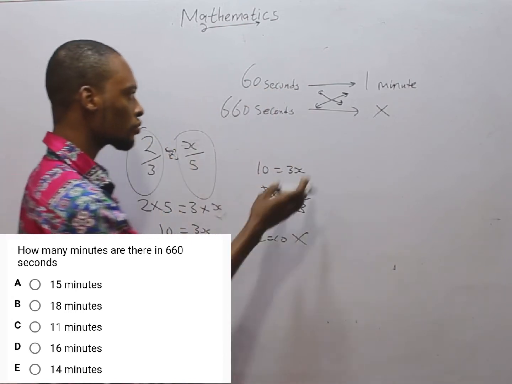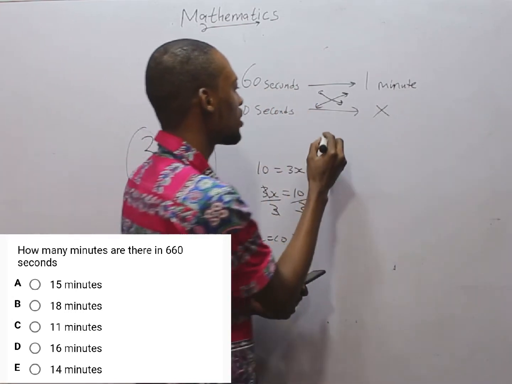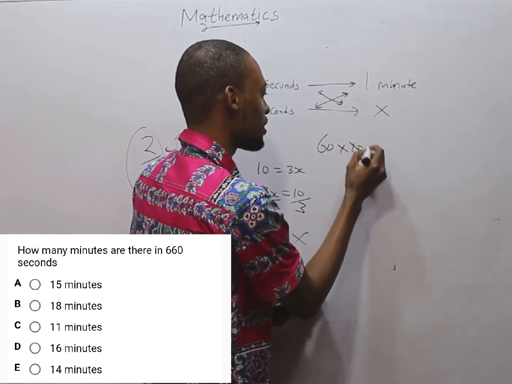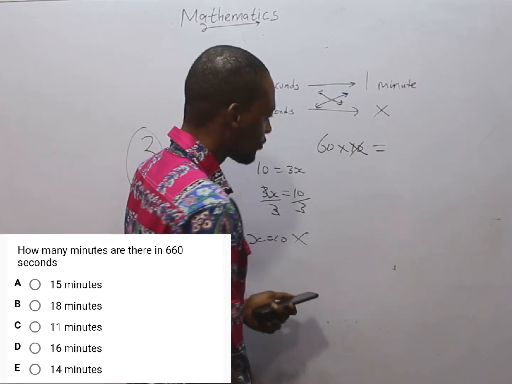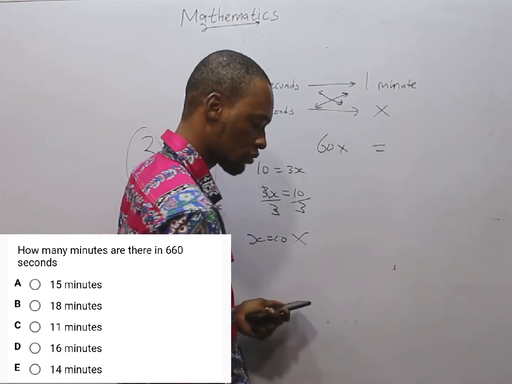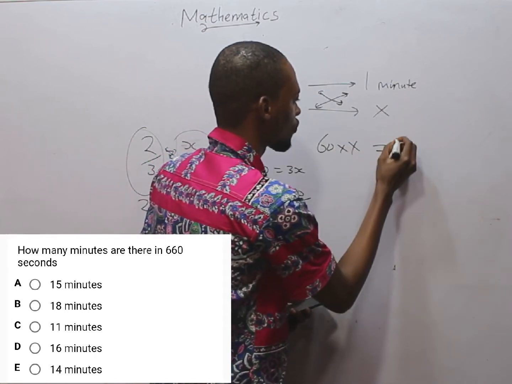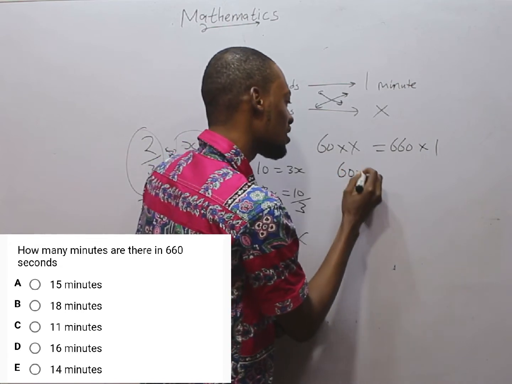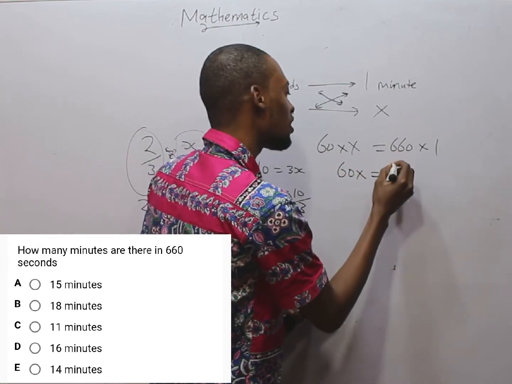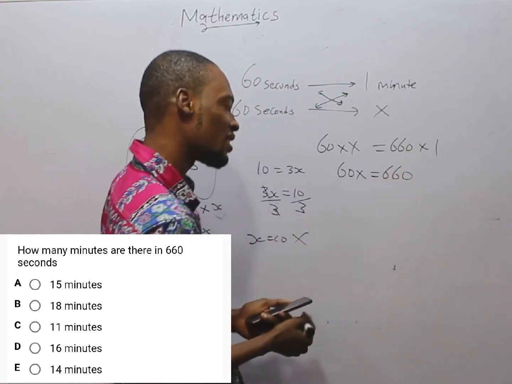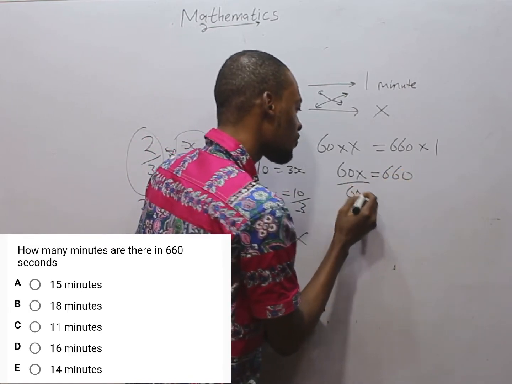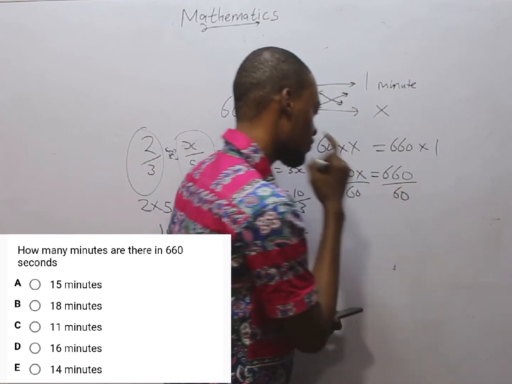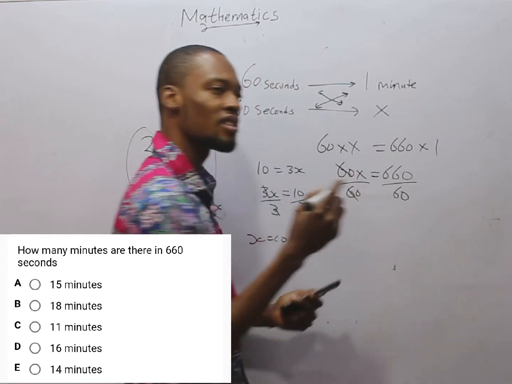Let's do that here. When you cross multiply this, you have 60 times S. This times this times S is equals 660 times 1. Times S is 60S. 660 times 1 is 660. To get S, let's divide here by 60. And to balance the equation, let's divide here by 60. 60 divided by 60 is 1.